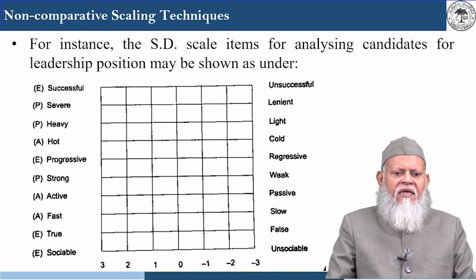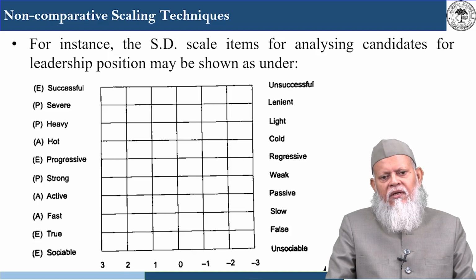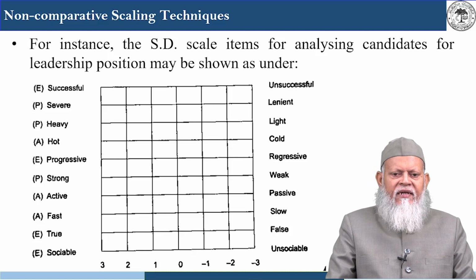Then there is heavy and light, hot and cold, progressive and regressive, strong and weak, active and passive, fast and slow, true and false, sociable and unsociable. In all these we can develop a semantic differential scale by providing scores beginning from +3 to -3. So, if it is really very hot, then 3 is given. If it is hot, then 2 is given.